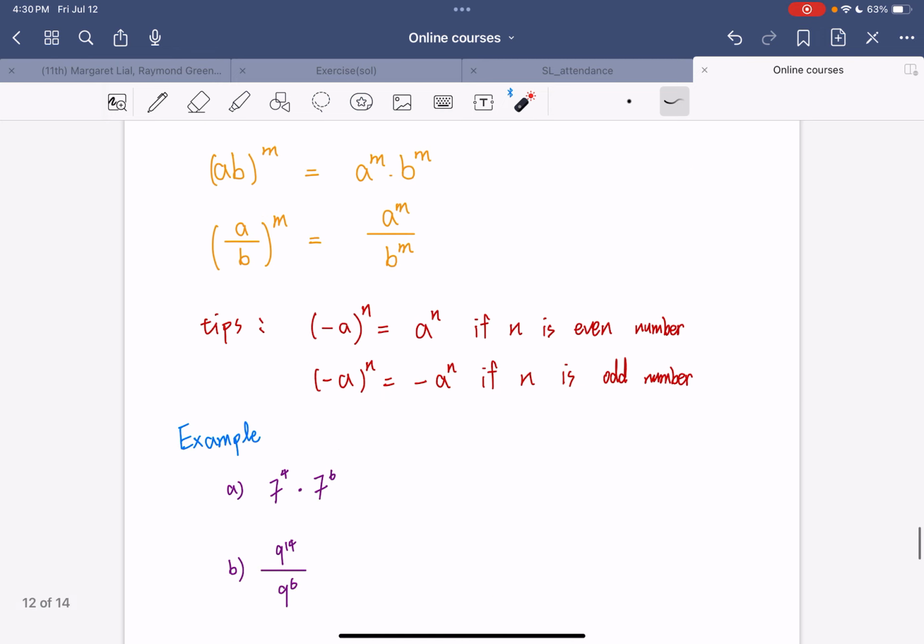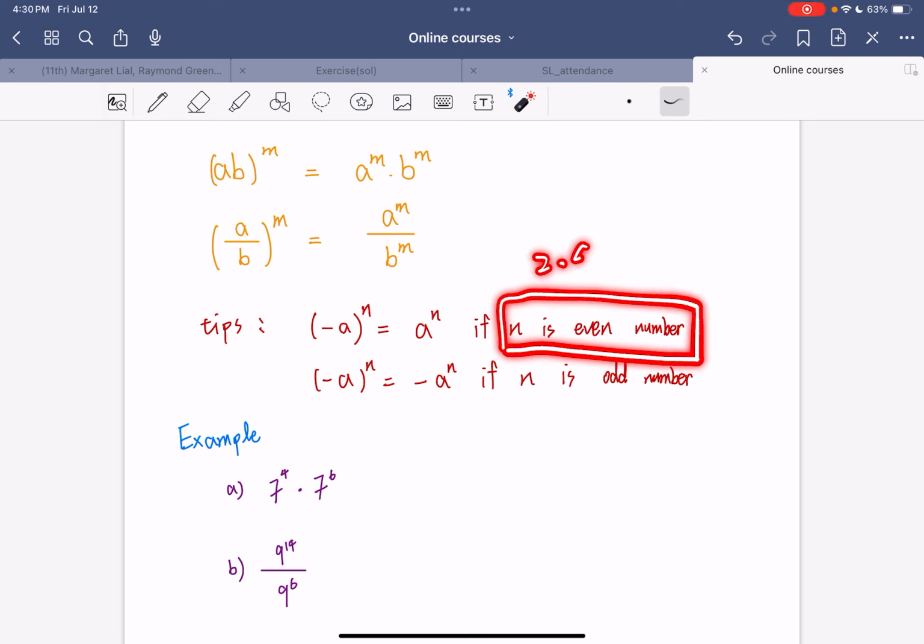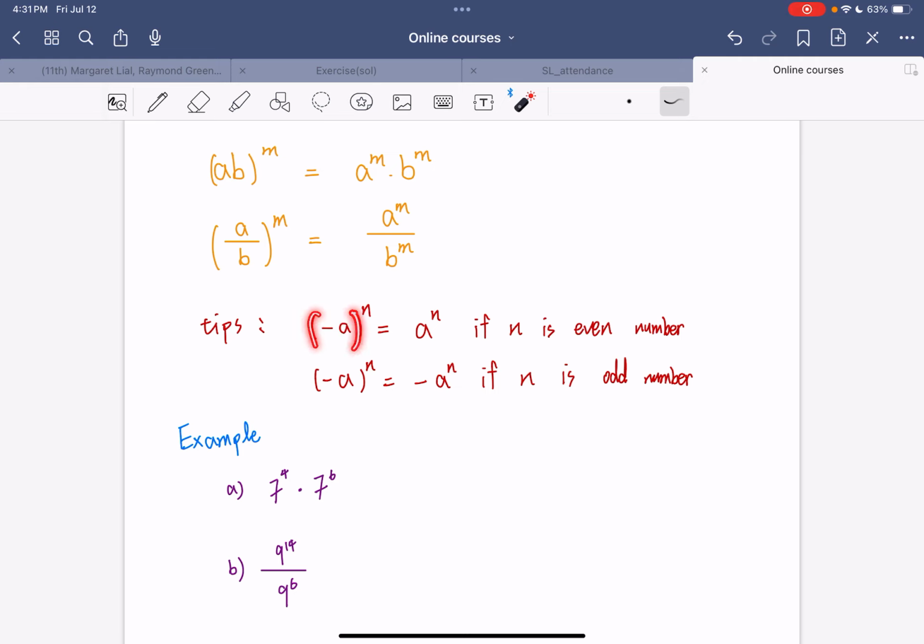Okay. And next is a small tip that I wish you guys can keep in mind, that will help to ease your calculation. So let's say we got minus a in this bracket, and we got n as exponent. If n is an even number, like 2, 4, 6, 8, something like this, then you can write minus a to the power of n becomes a to the power of n.